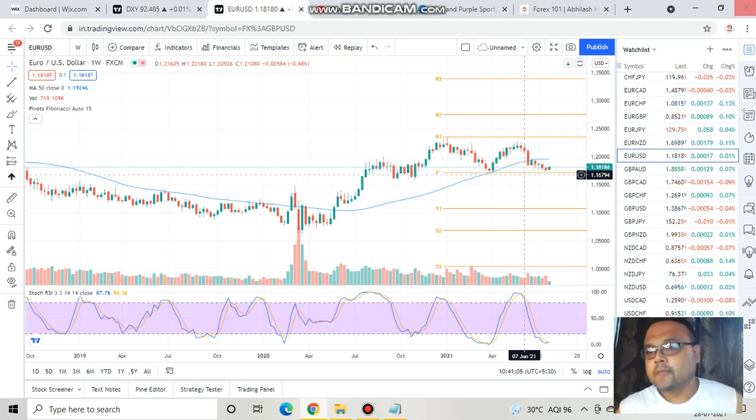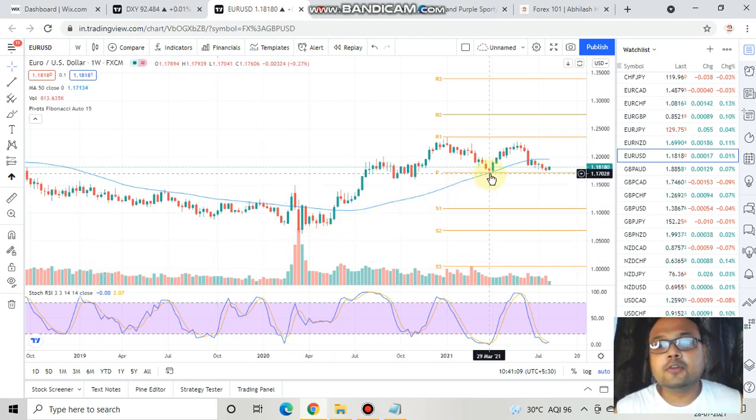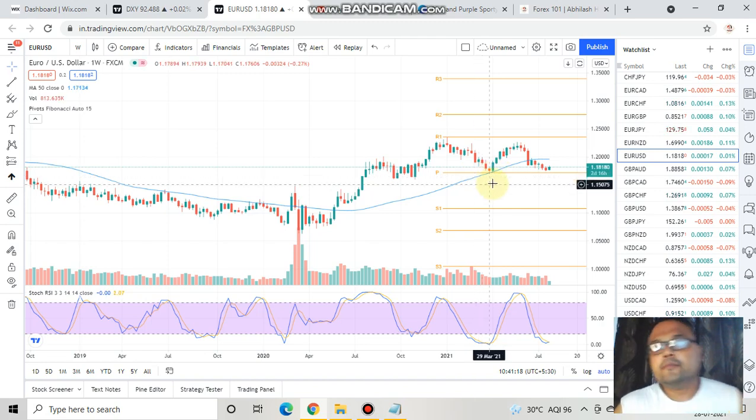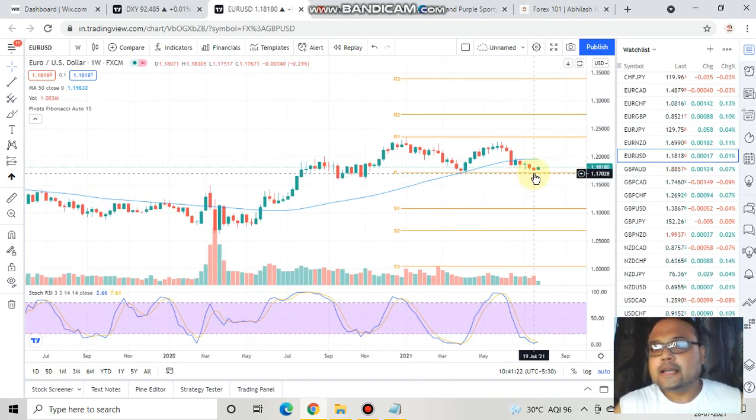This level has already provided support to the market in the month of March, and therefore we can expect that Euro USD will get the same support again. And if we look at the weekly chart here, we can see that it has formed a green candle.